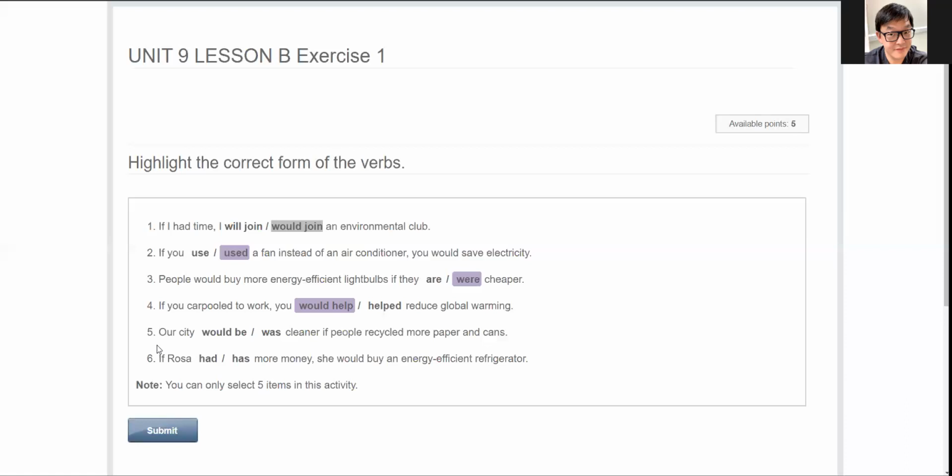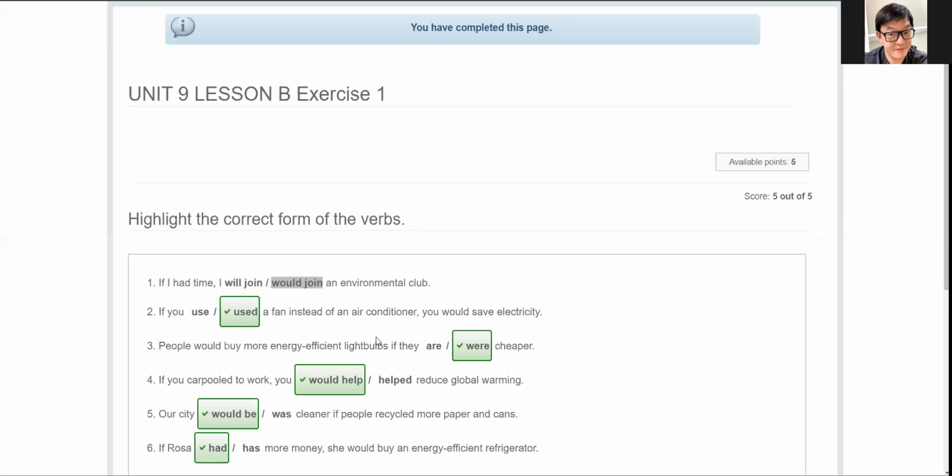Our city would be cleaner if people recycled more paper and cans. Okay? And number 6, if Rosa has more money, she would buy an energy efficient refrigerator. If Rosa had more money, she would buy an energy efficient refrigerator. Okay, let's check our answers if they are correct. Yes, they are all correct. Great.